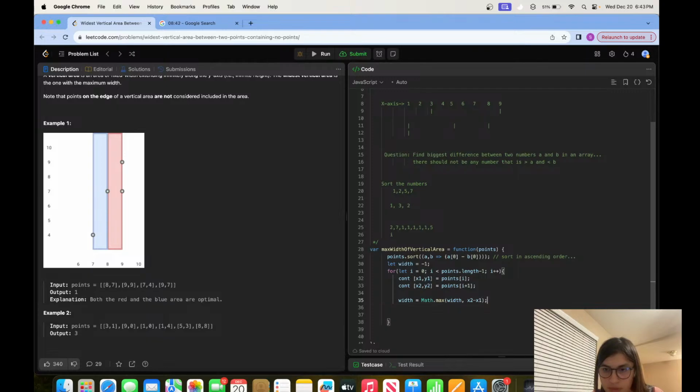Since this is sorted, x1 and x2 are sorted like 1 2 5 7. So x2 will be 2 and x1 will be 1, so 2 minus 1 is 1, and the width will be 1 in the beginning. 5 minus 2 is 3, so the maximum will be 3, and 7 minus 5 is 2, so the maximum will still be 3, and at last I return width.